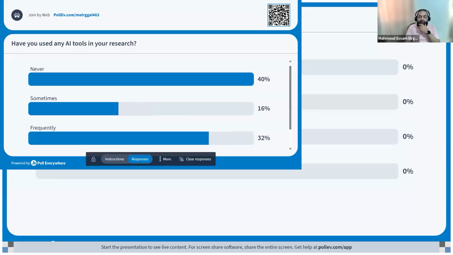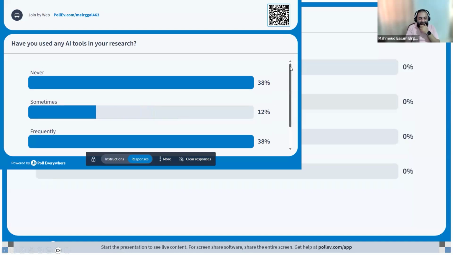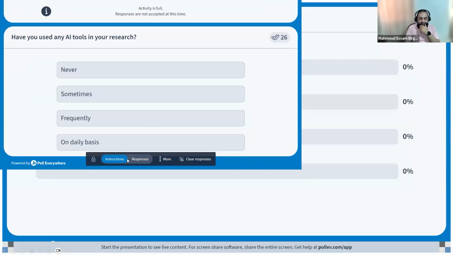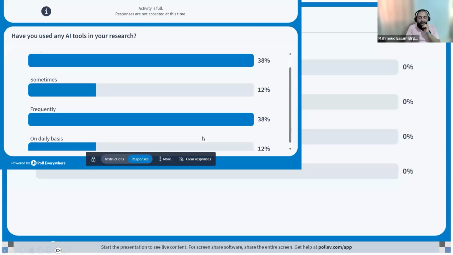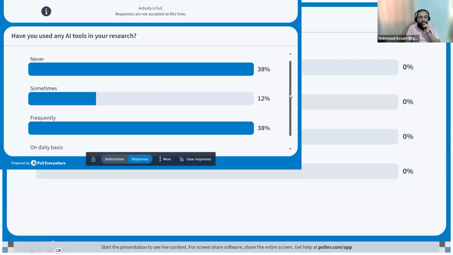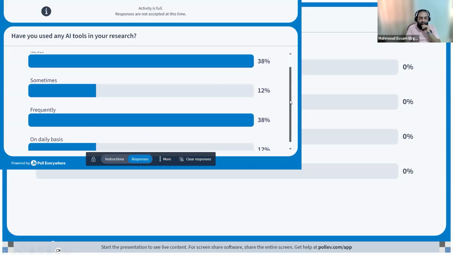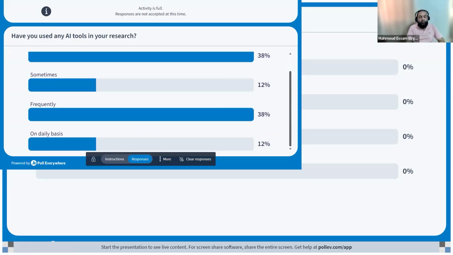Okay, we have around, let's say 40%, unless it changes. So we have around maybe 38% who did not use AI tools in research. 12% said they use it sometimes. 38% said they use it frequently.